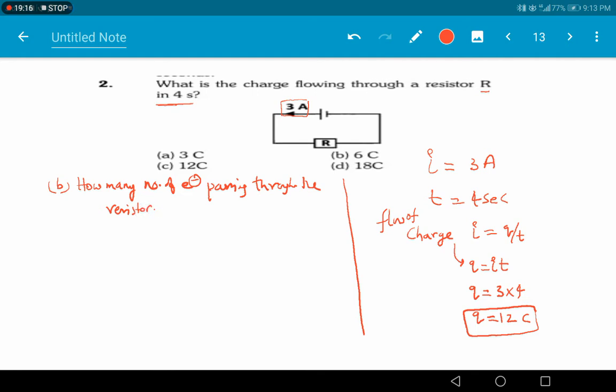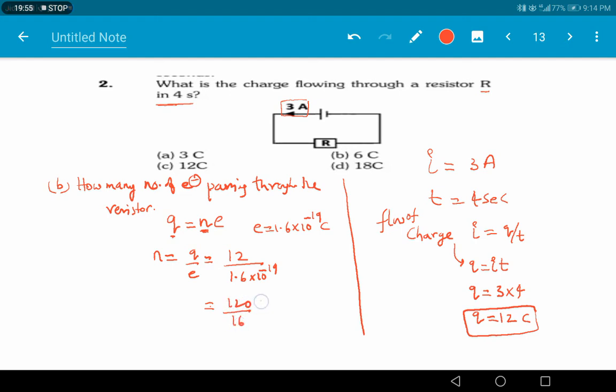In the early class of this chapter, we discussed Q is equal to N E, where Q is the charge, N is the number of electrons, and E is the charge of an electron, that is 1.6 into 10 to the power of minus 19 coulomb. Let us use this to find N is equal to Q by E. So Q value 12 by 1.6 into 10 to the power of minus 19.